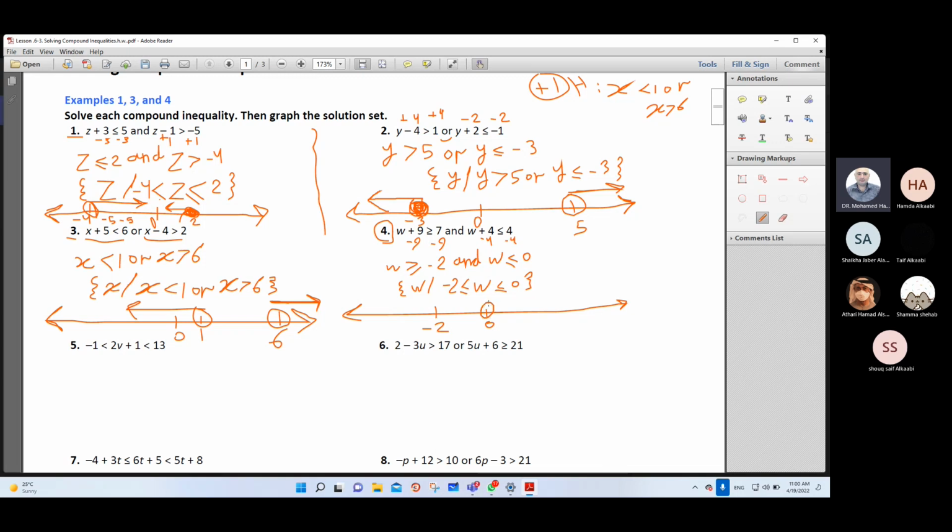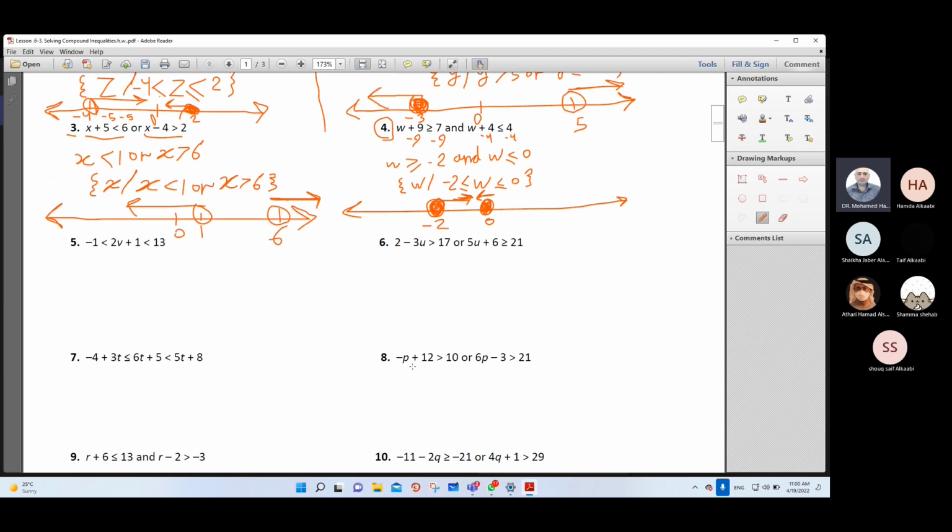So draw here a shaded circle, and draw here a shaded circle. W greater than negative 2 to the positive side, and W here less than to the negative side. And this is the intersecting solution, this area here. Okay, great for all.